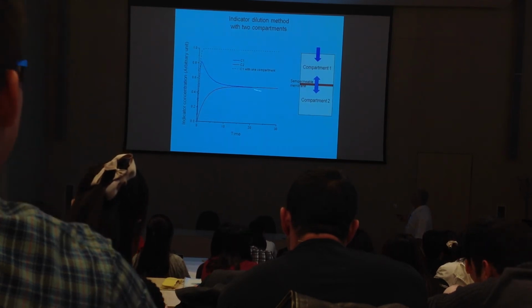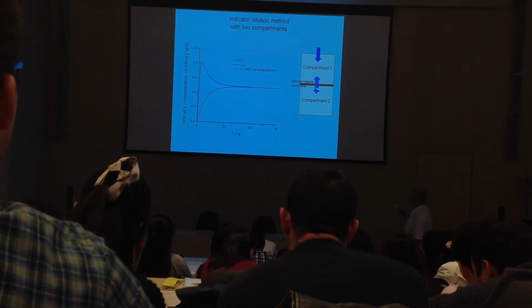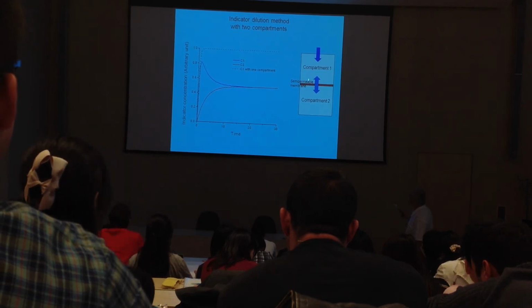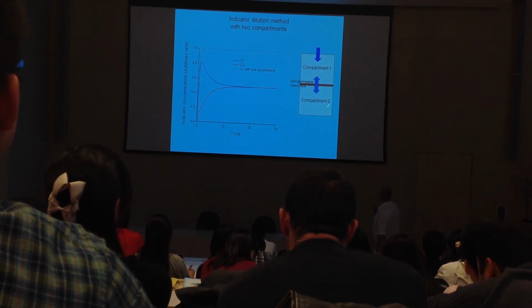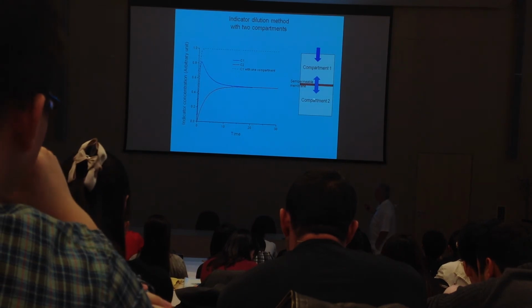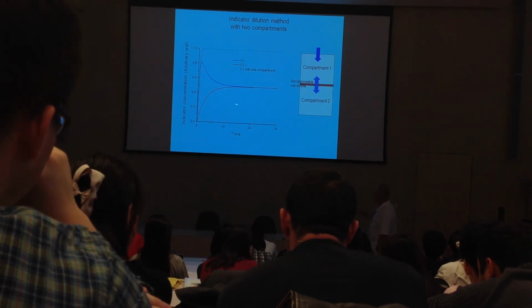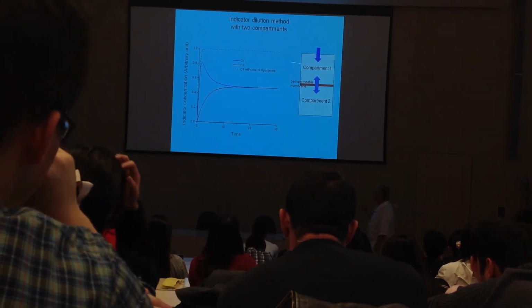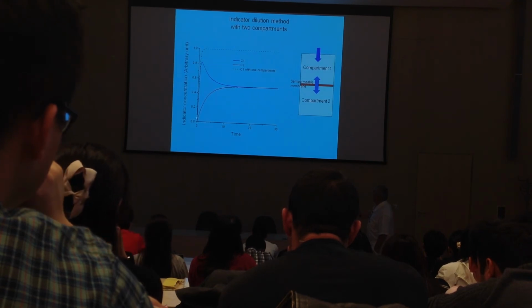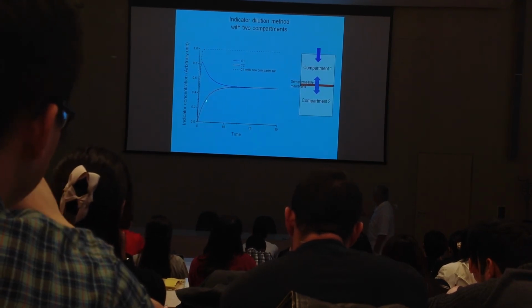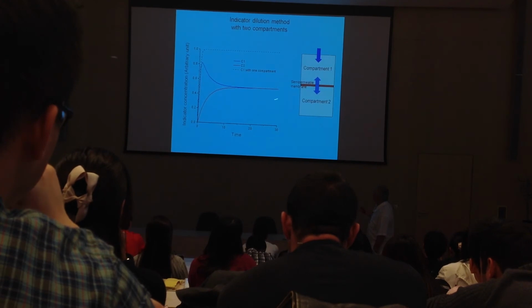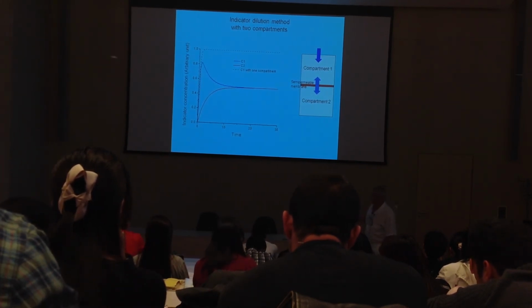Usually in the subcompartment, because of the semipermeable membrane, the diffusion barrier, the equilibration of the substance is slower. So usually we have a high peak of the indicator at the beginning, then as the concentration equilibrates between the two compartments, finally we reach a steady state concentration.